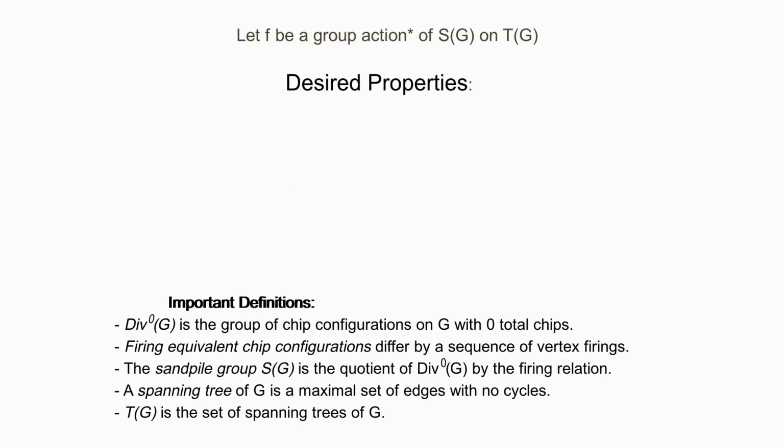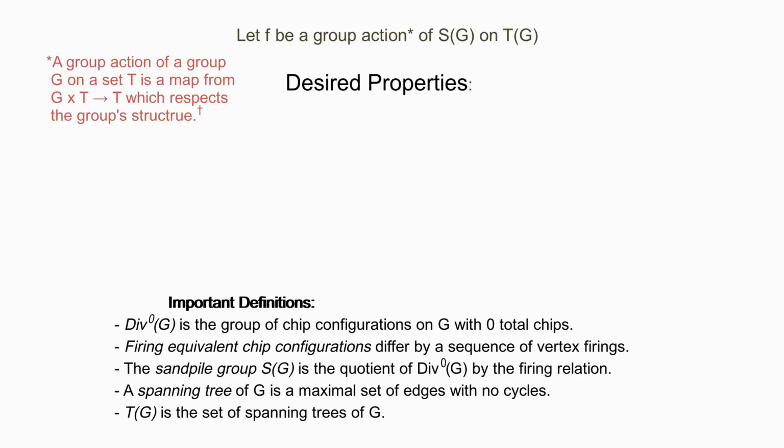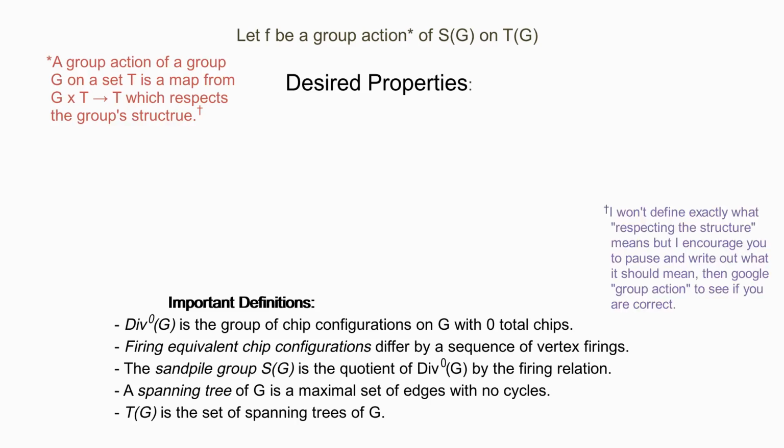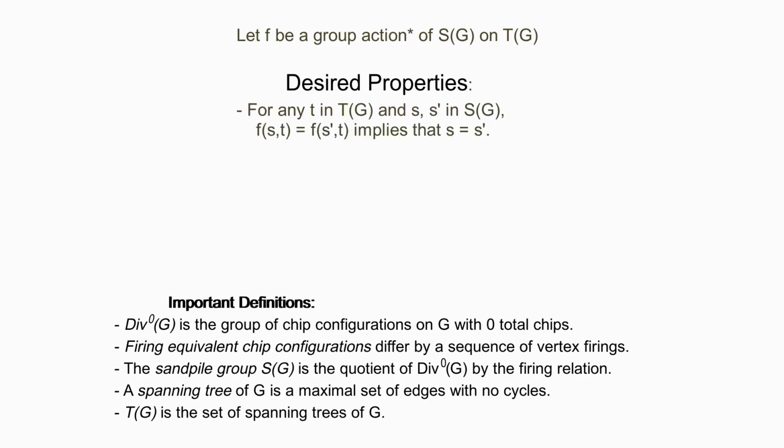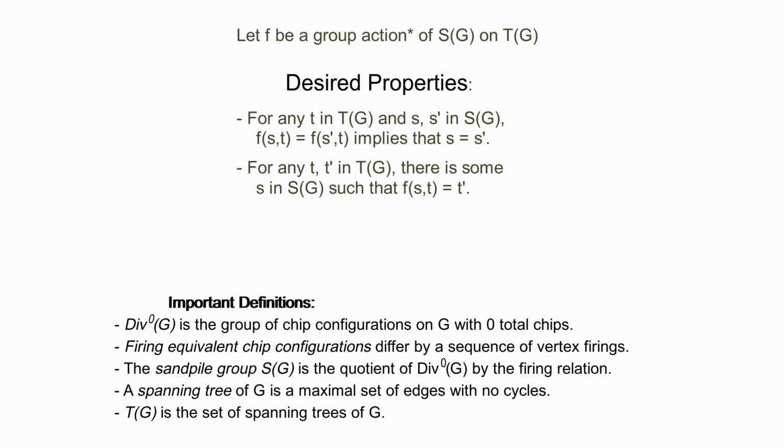What properties would we like this map to have? Well, if we fix any spanning tree as the input, we can require that every sandpile input maps to a different spanning tree, and every spanning tree is mapped to by some sandpile element.